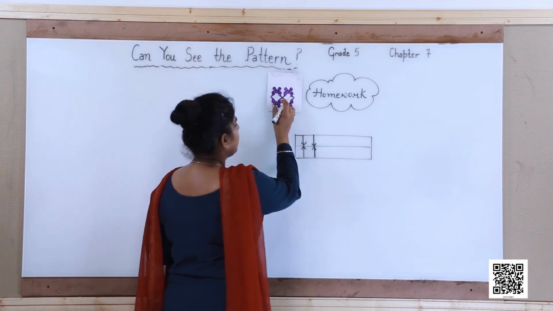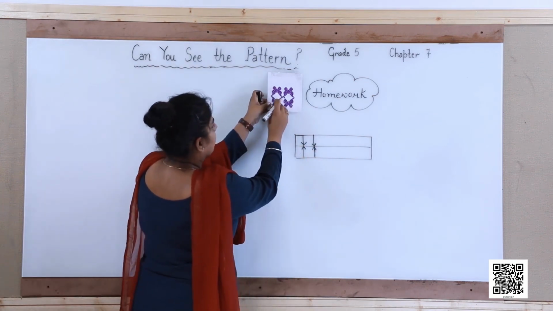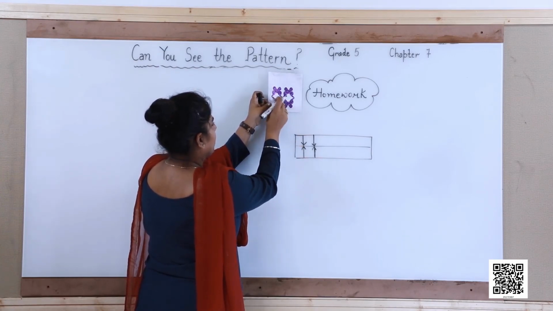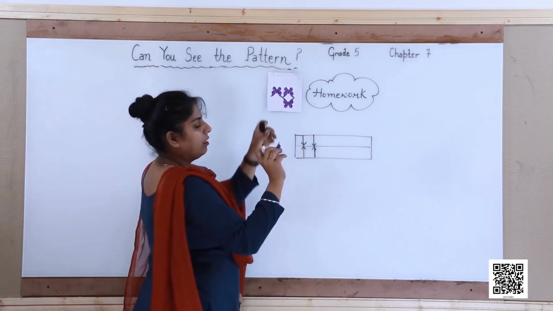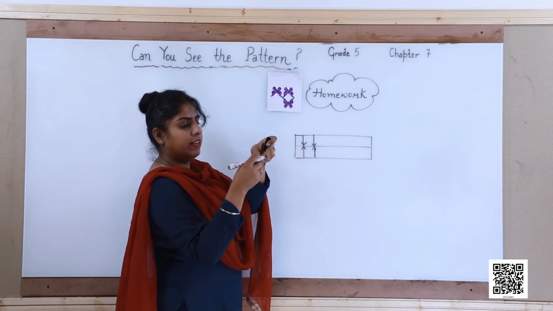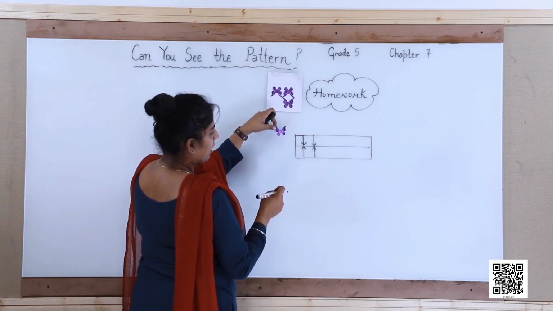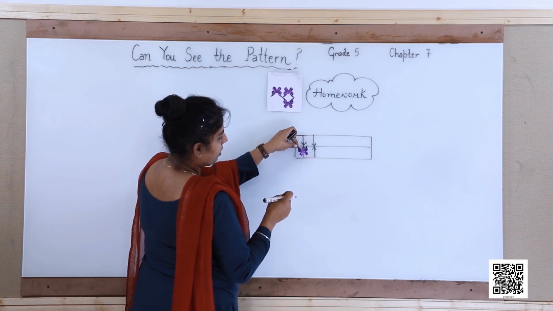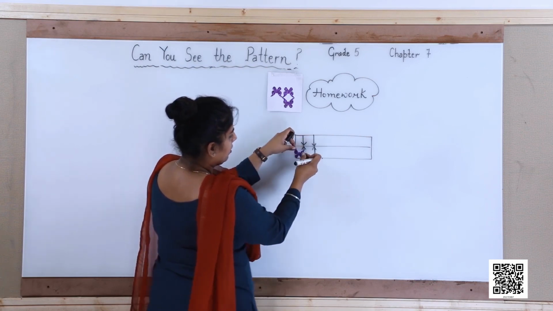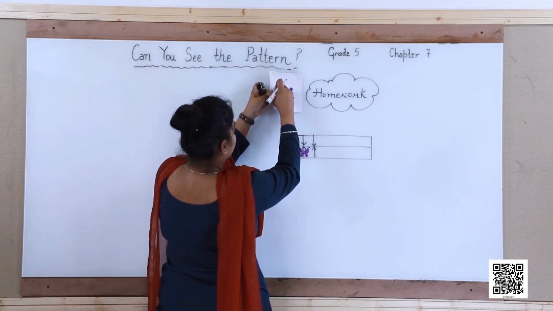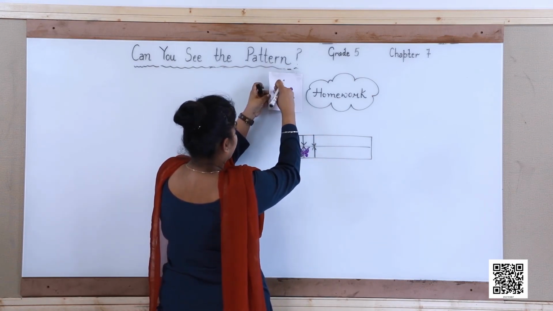So this is the pattern that I had. Can you see? If I remove this, this is one butterfly. Look, this is one butterfly. So this is in upward direction, and then suppose I put it like this, then it comes in the downward direction.